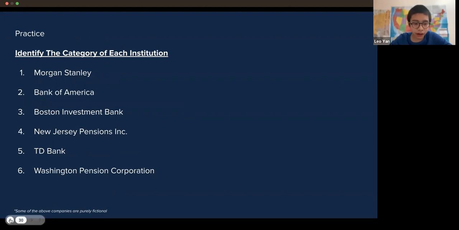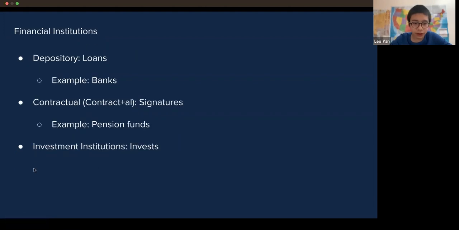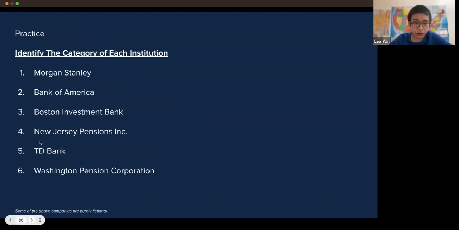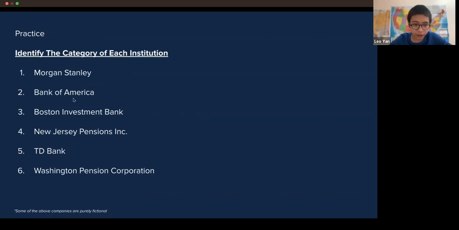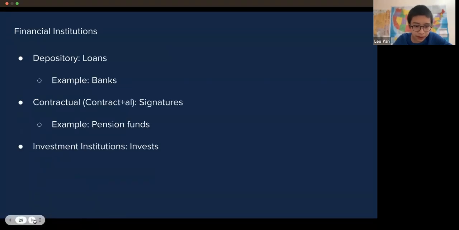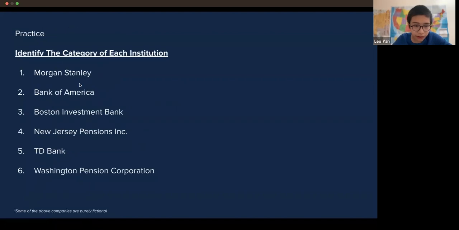Bank of America would be the first one, which is a depository. Yes, because you're depositing your money there, you're putting money there, and they can also give you loans. So a depository is basically just a regular bank, and the Boston Investment Bank would be an investment institution, the same as the first one.